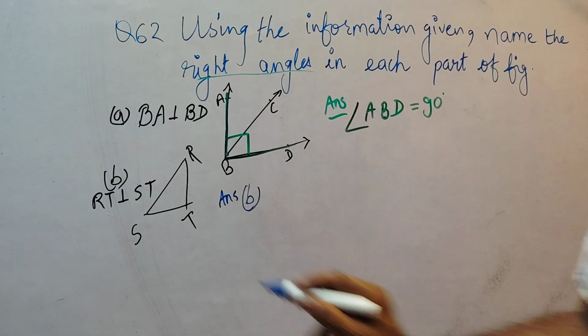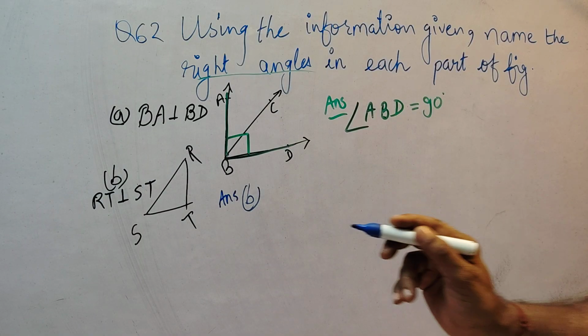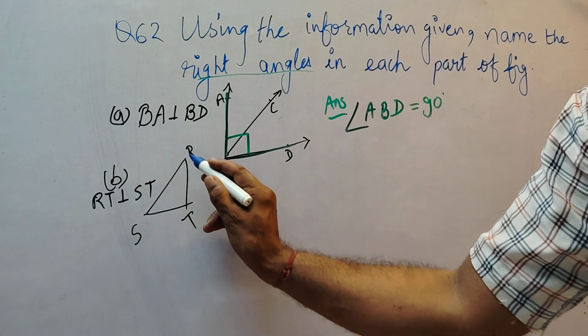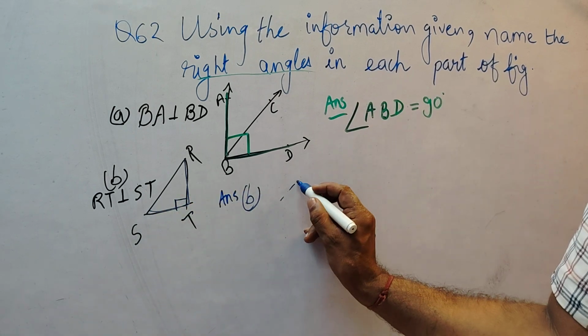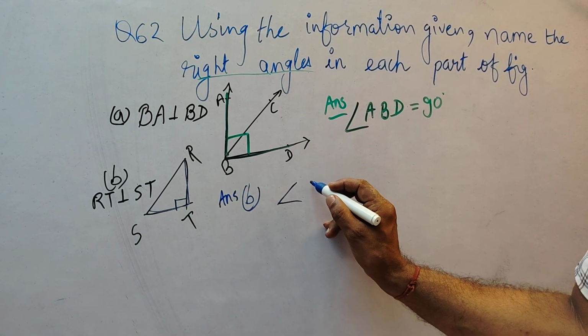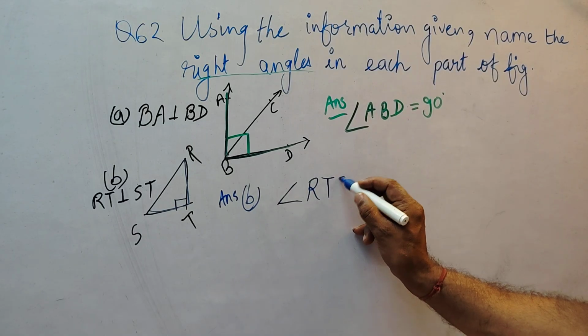In the B part, we are asking for the right angle. RTS, this is the name. We first write the angle sign, then we write RTS.